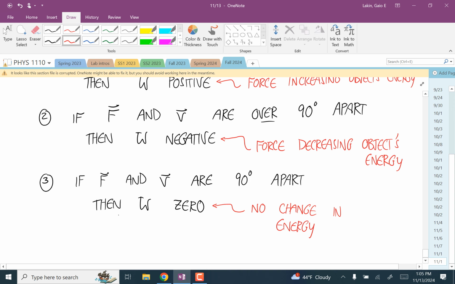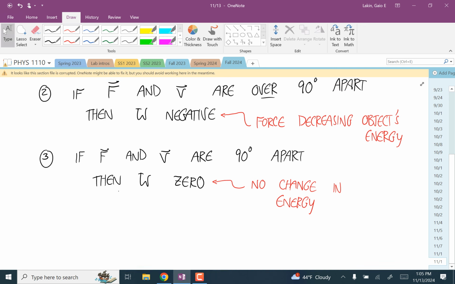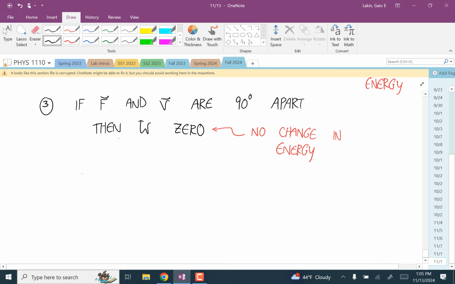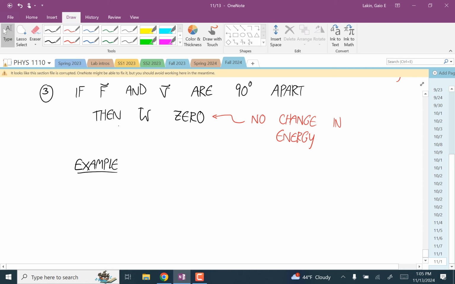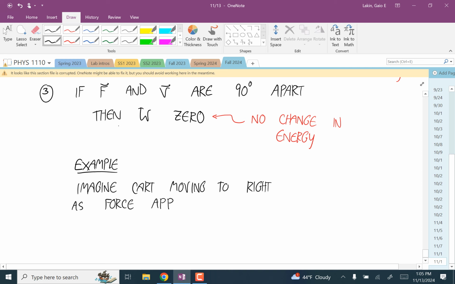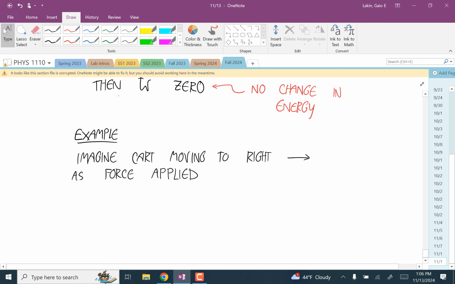Okay, let's do an example thinking about this in terms of carts. So imagine this cart moving to the right as a force is applied. Okay, so it's going this way as this force is applied.